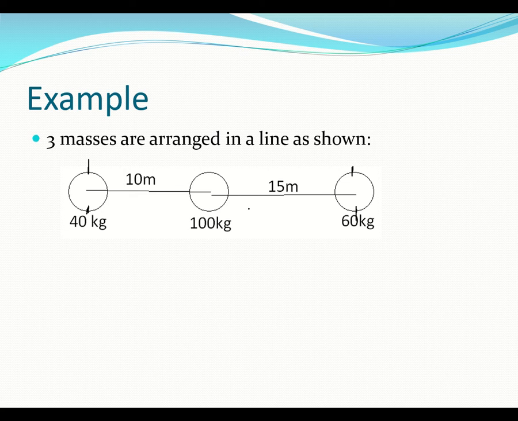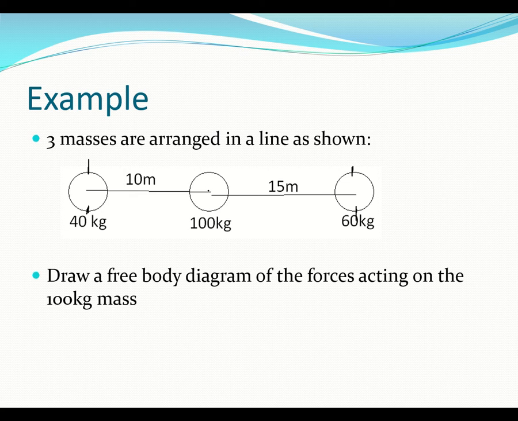The next thing you need to do is draw a free body diagram of the forces acting on the 100 kilogram mass. So the 100 kilogram mass is going to be attracted to the 60 kilogram mass. So let's call these 1, 2, and 3 so we can label them. So this is the force of gravity from mass 3. Right? It's going to pull it that way. So it's also going to experience a force of gravity towards mass 1.